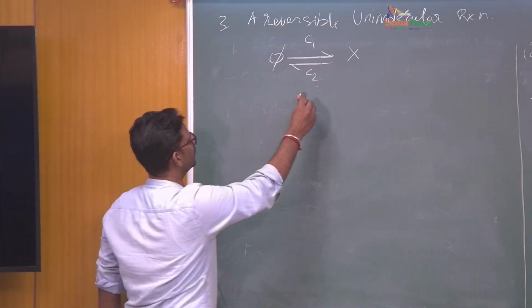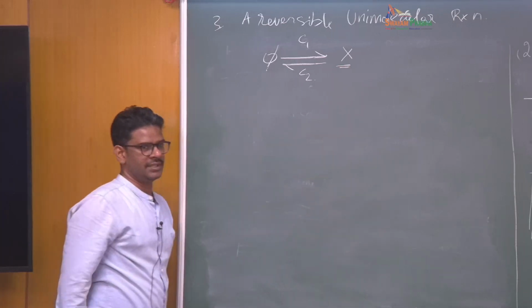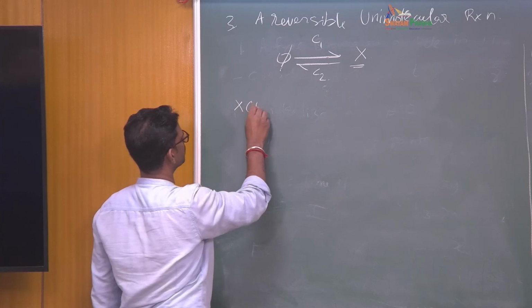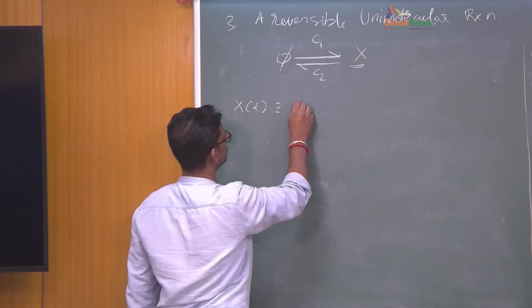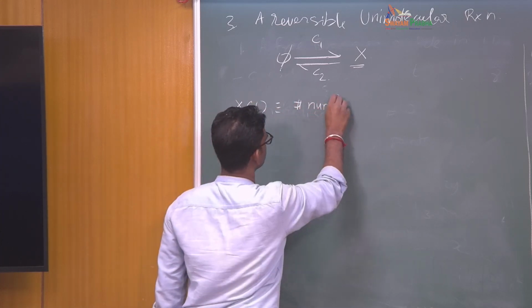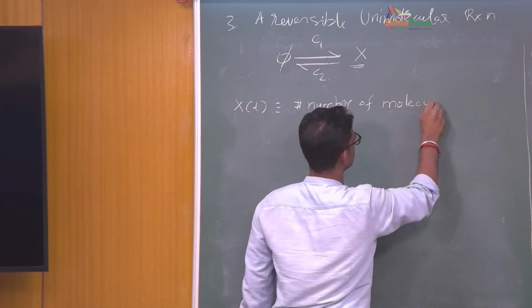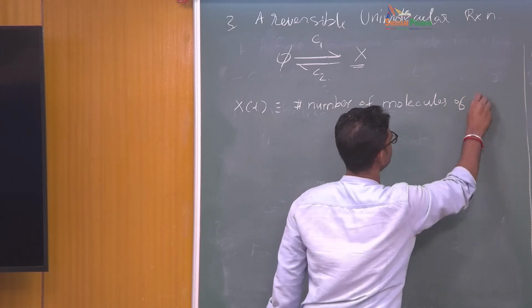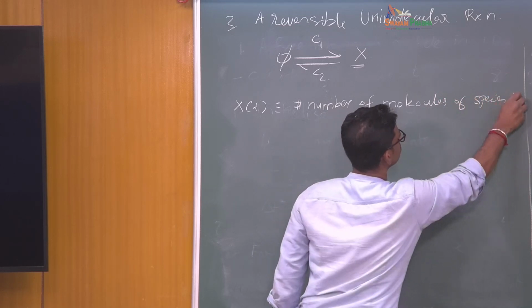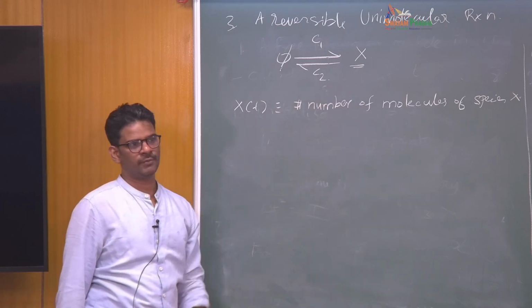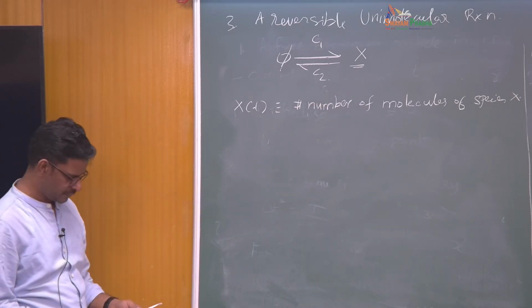In this case, the state variable is basically the number of molecules of x. So x of t, this would be the number of molecules of species x. So we are interested in the dynamic evolution of the number of molecules of x through the Langevin equation.